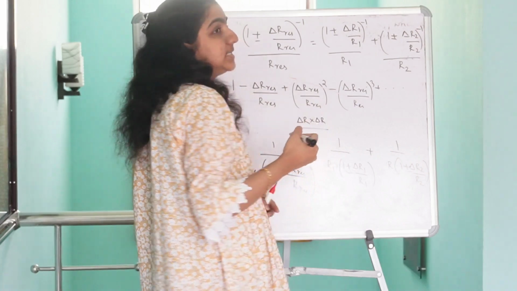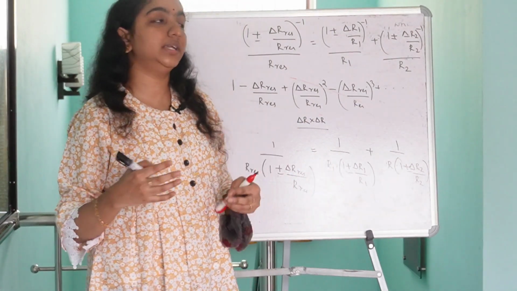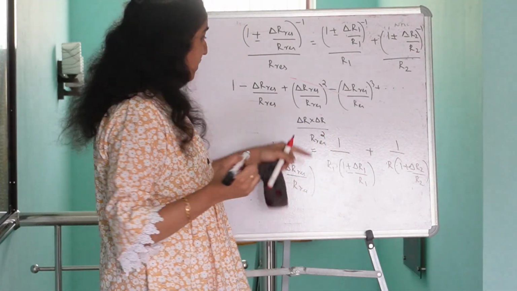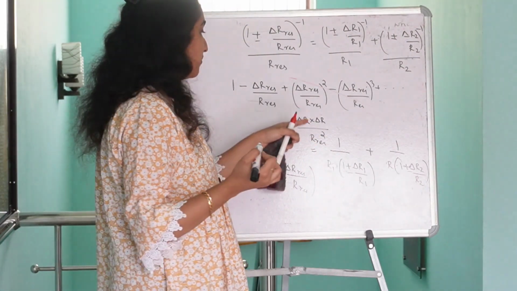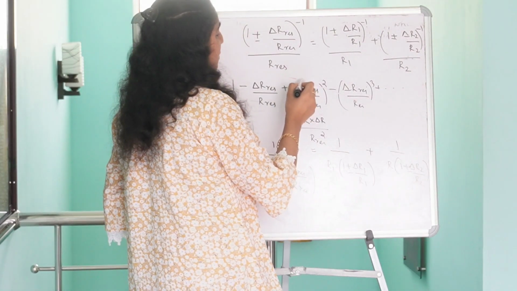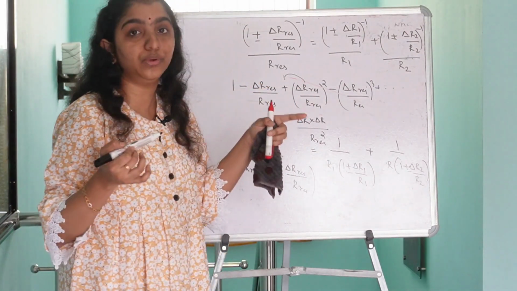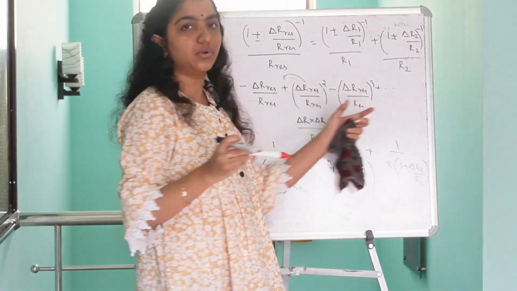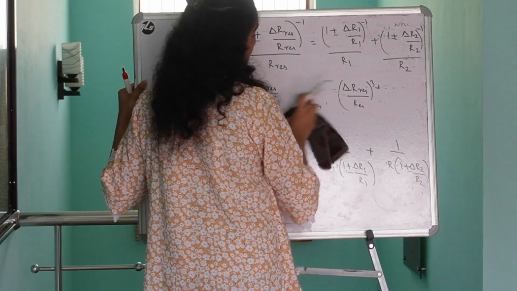Again, we know the value of r is extremely large. When we find the square, we will get an even larger value. So when we divide an extremely small value by a very large value, obviously we will get a very small value. So this particular value has little or no effect in the resultant. So we can neglect or ignore all these terms starting from the power 2 up to the end.